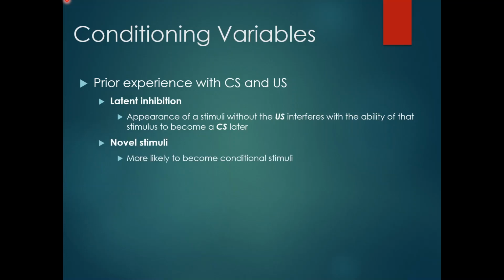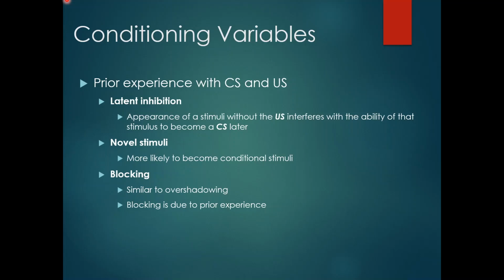We know that novel stimuli, or stimuli that we do not have a prior association with, tend to become conditioned easier. They make better conditioned stimuli because, again, there's not as much noise there. We don't already have associations with it, so we learn that association quicker.